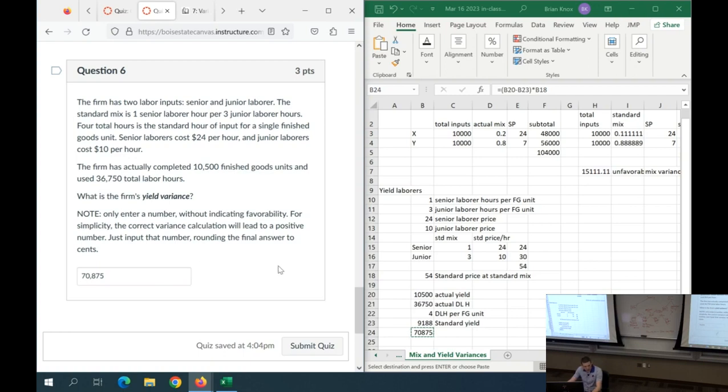Other questions might ask you for favorability, but we know that's a favorable one, unlike every other time. We got a positive number, we knew it was unfavorable. Negative number, it was favorable. In this case, that's $70,875 worth of finished goods units above and beyond what we would have expected given the number of hours the labor put into it. Got a bumper crop, if you will.